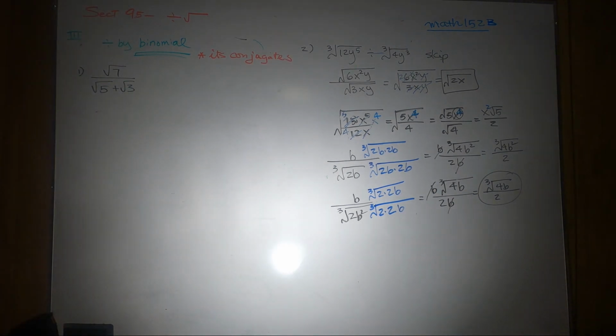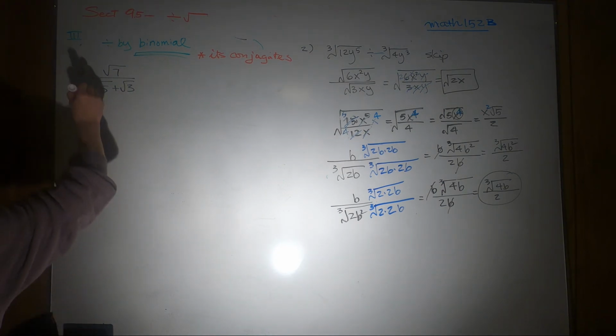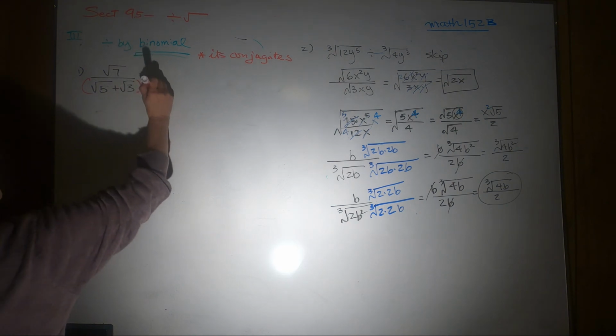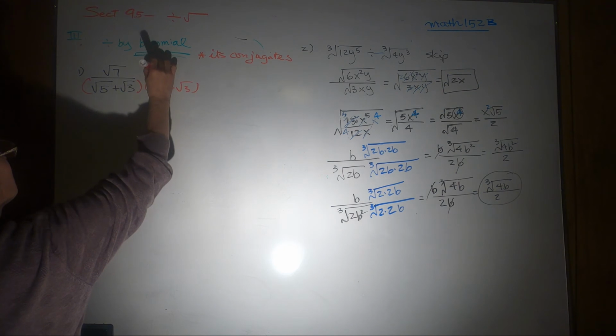Okay, so we did conjugates for the multiplication. What's the conjugate of square root of 5 plus square root of 3? That will be its opposite, square root of 5 minus square root of 3.